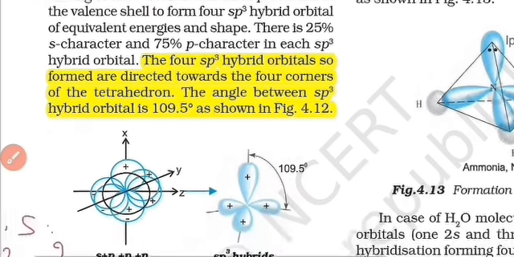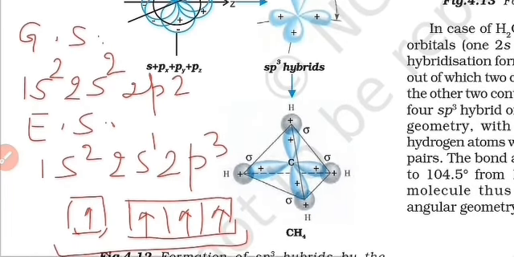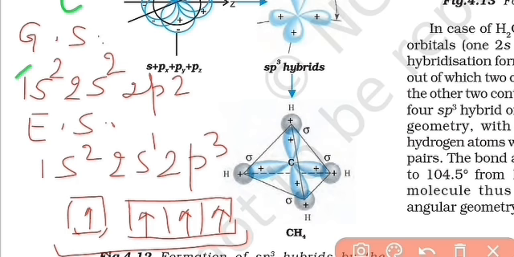Let us discuss formation of CH4 molecule. In CH4, carbon is the central atom. Okay. Now its ground state configuration is 1s2, 2s2 and 2p2. In excited state, one of the 2s electrons will go to the 2p subshell.